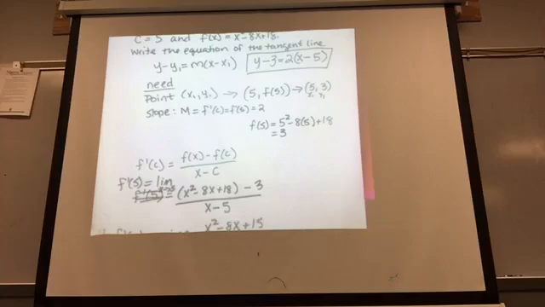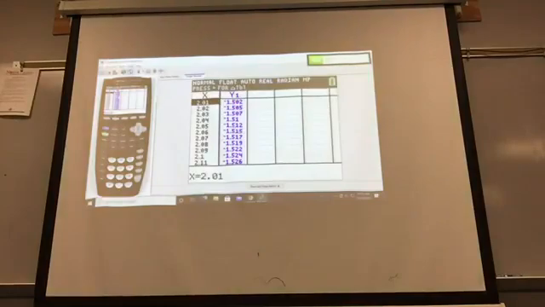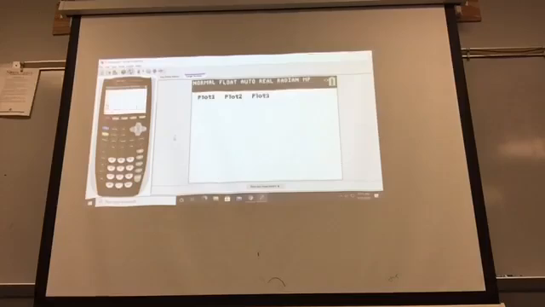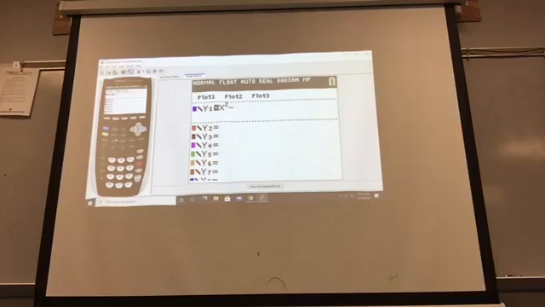Alright, so what does this look like? So I'm going to pull up the graphing calculator so we can see this. Okay, so we go back to y equals, and y1 on top, our function, x squared minus 8x plus 18.